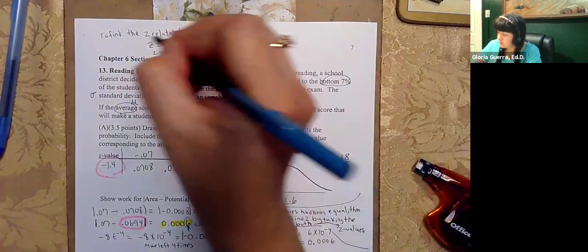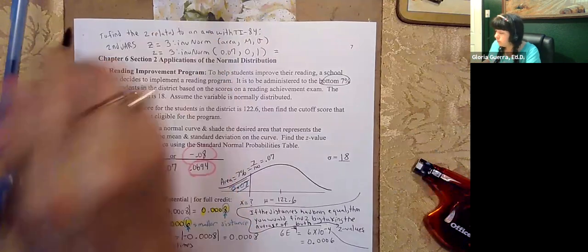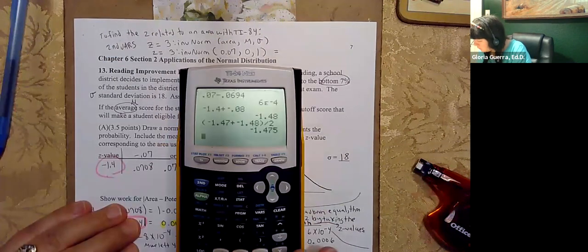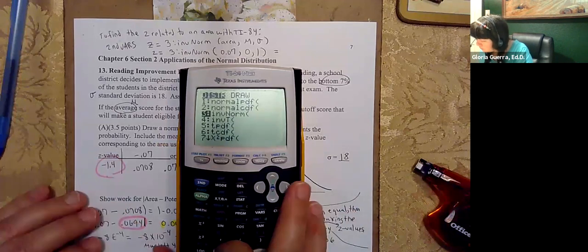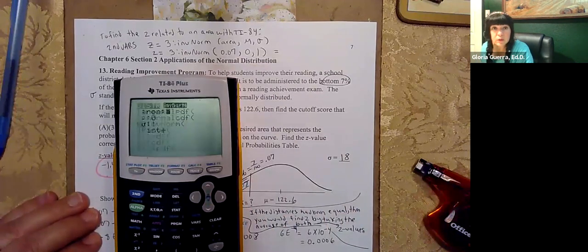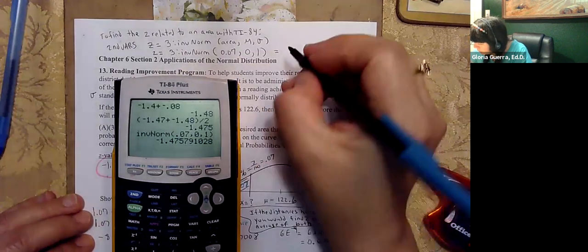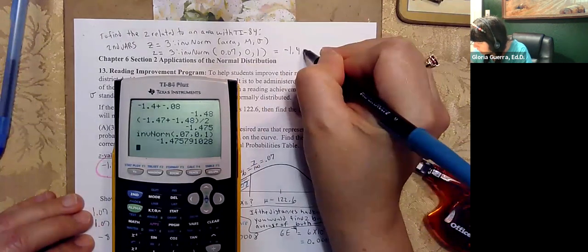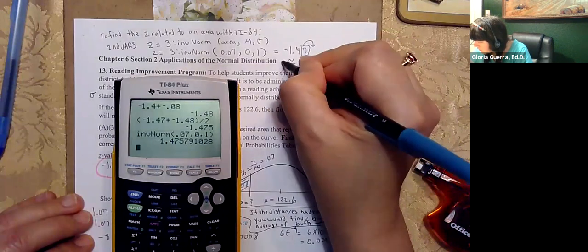That is second vars, and then number 3, and then area is 0.07, 0 and 1, and you get negative 1.47, and you have to round this to the nearest hundredth because it's a z.